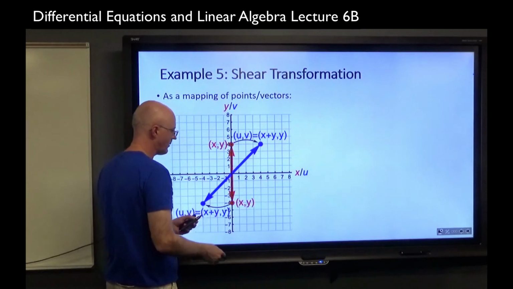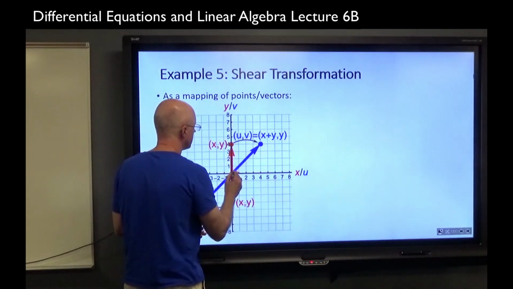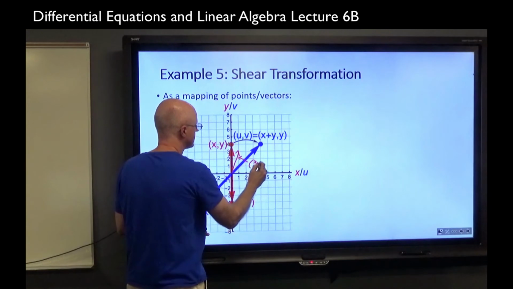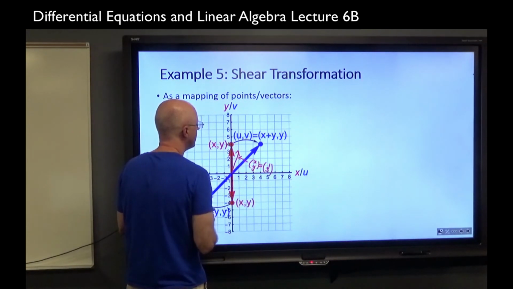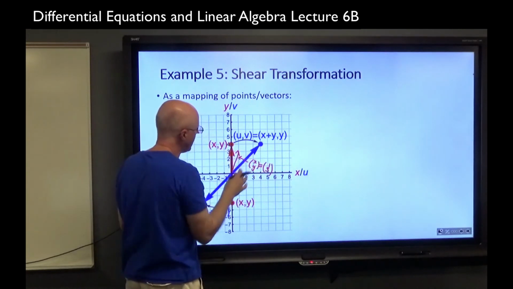If the input point was not on the vertical axis to begin with, say it was here, well, that one's got, let's write it as a column vector, components (1, 3). It's going to get sheared to the right as well.